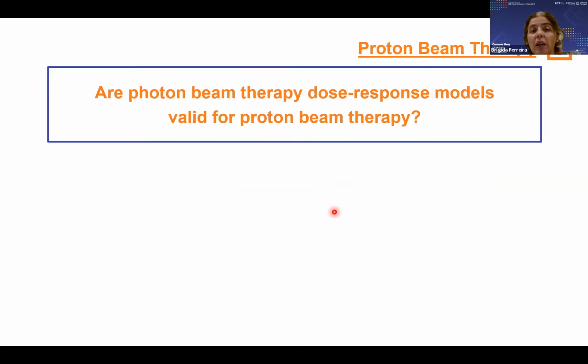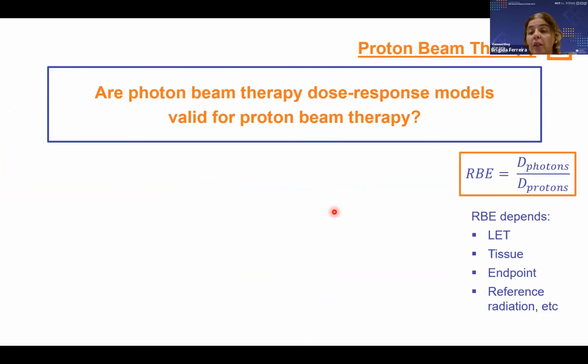So the question now is, are the photon beam therapy models that we already have available valid for proton beam therapy? Because with proton beams, it's a little bit more complicated because we know that proton beams are biologically more effective, and we quantify this by this RBE value.